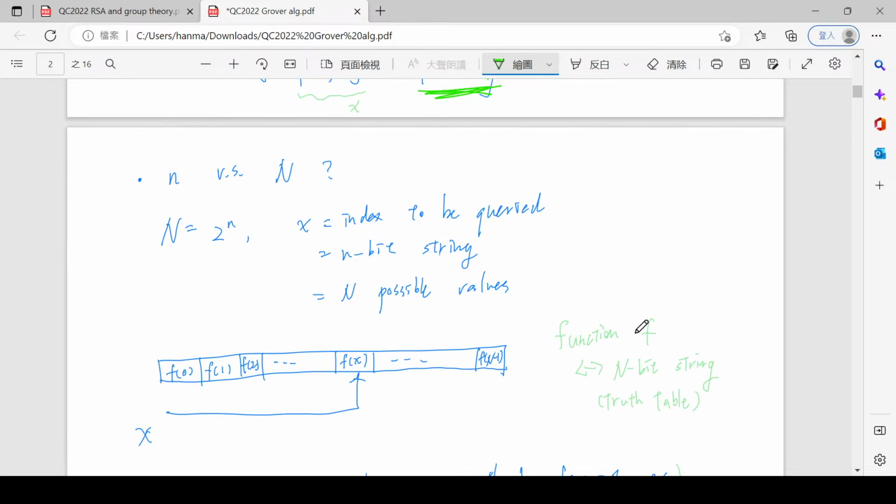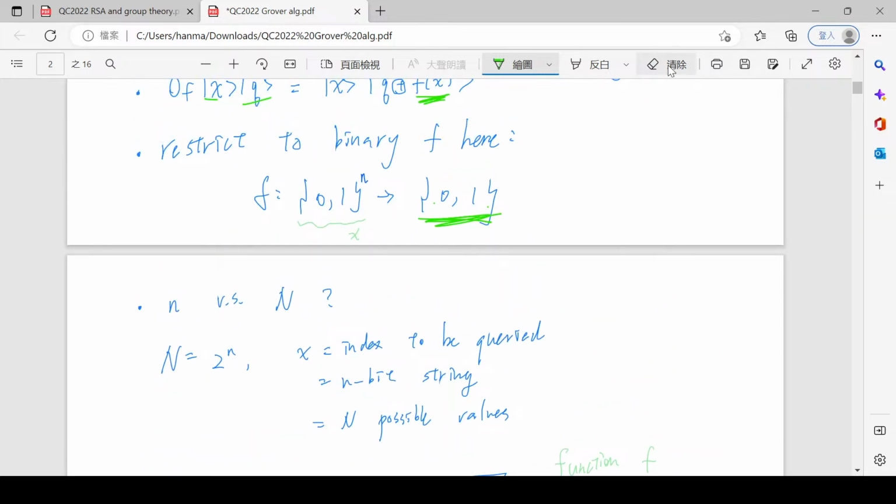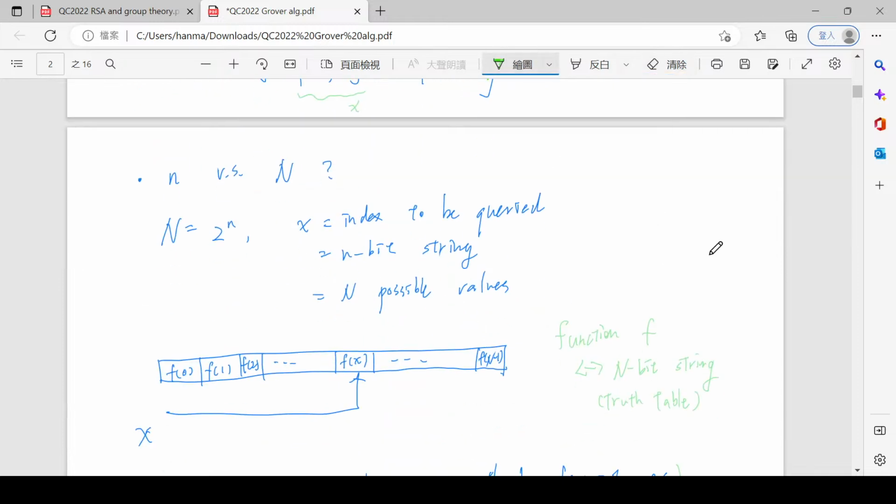Okay. And now once again there is this very confusing thing about big N and small n. Why is it confusing? Because now I want to talk about input size. The input size, small n or big N, depends on what you are inputting.